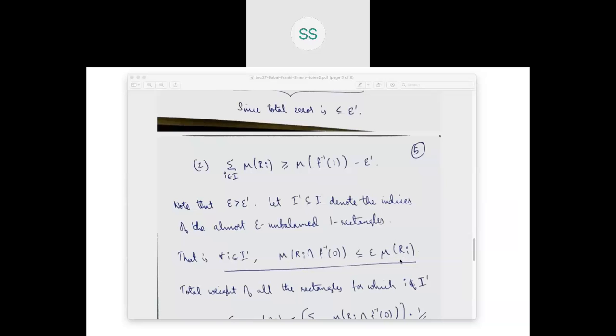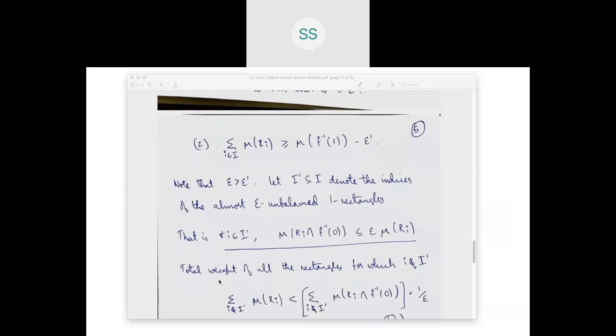This is what all the Ri's where i comes from I prime satisfy. And for all the Ri's where i does not come from I prime, they satisfy the opposite. So it violates this.